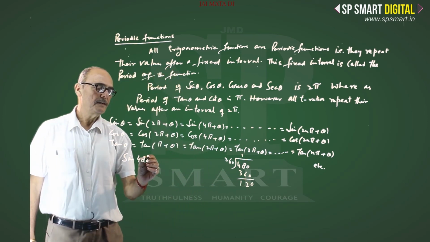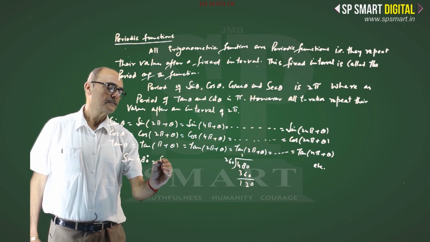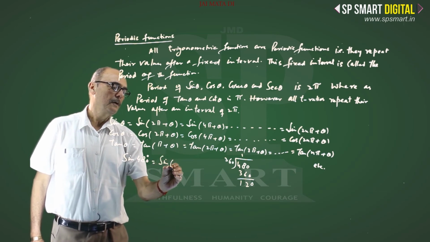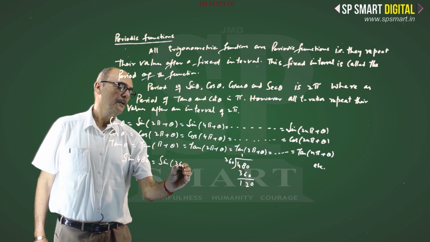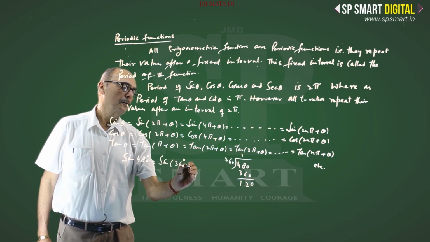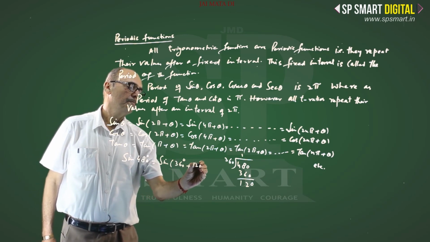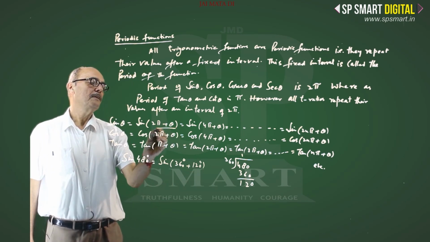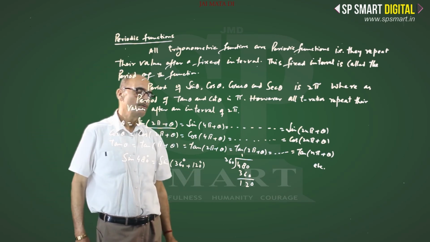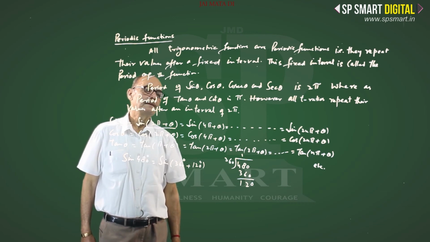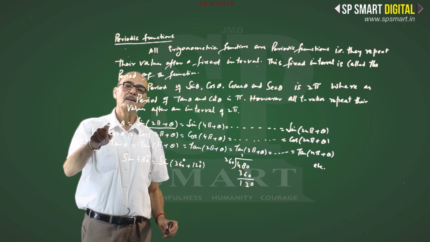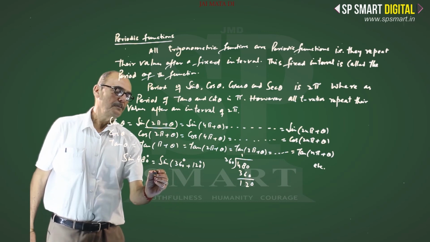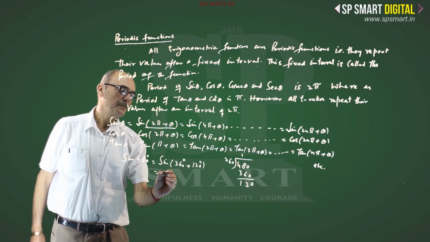So, I can write this as sine of 360 degree plus 120 degree. So, we make use of this result, sine of 2 pi plus theta has the same value as sine of theta. Theta here stands for 120 degree.